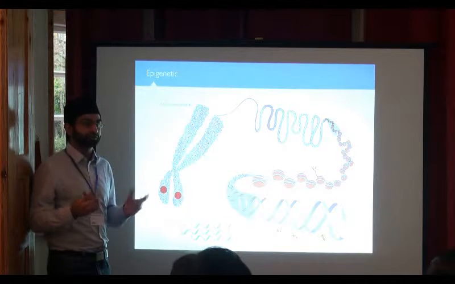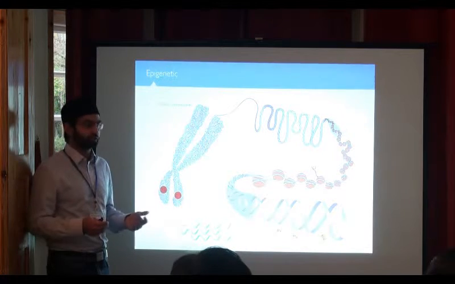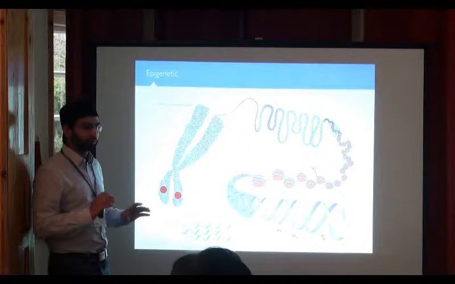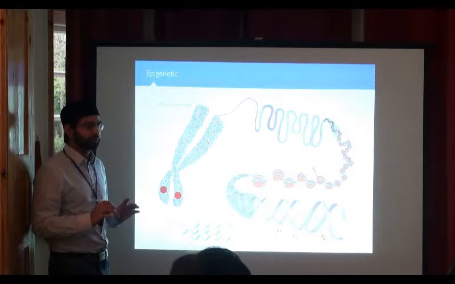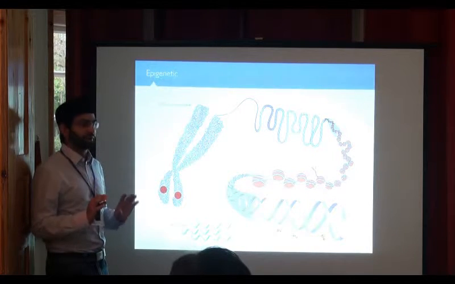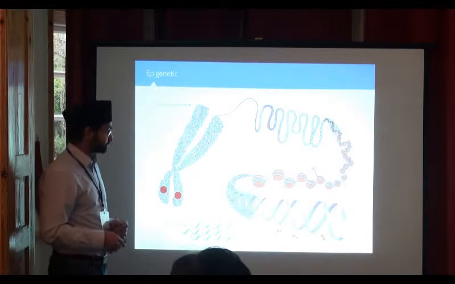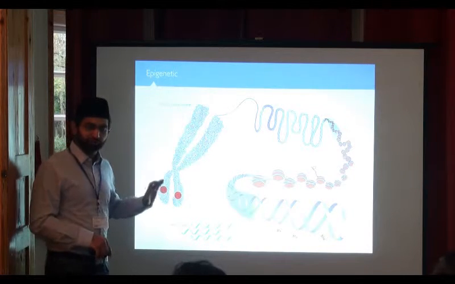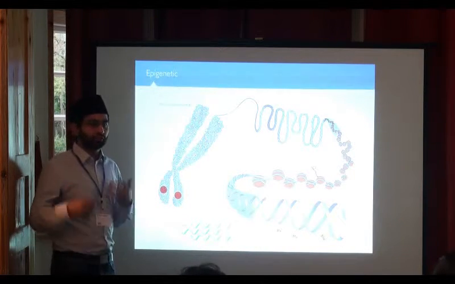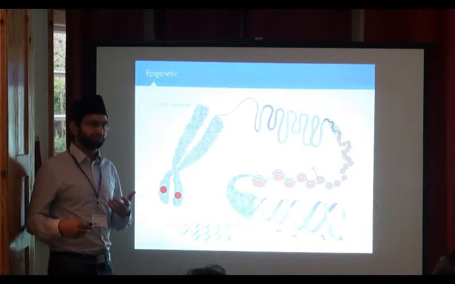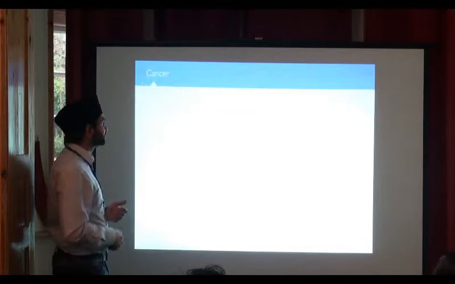Even emotions can change these things. But it's still a very open area of research. We know little bits about it, but not the full picture yet. So the reason I'm talking about these things is to give you an appreciation of what's going on in the cell and why it's so complicated.